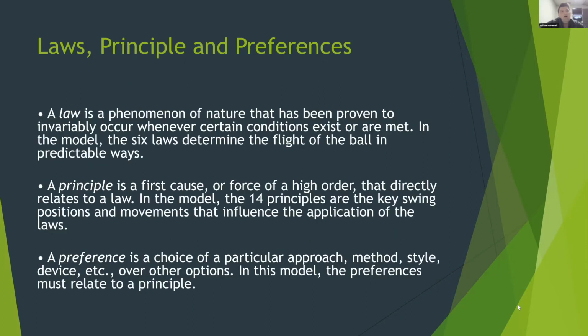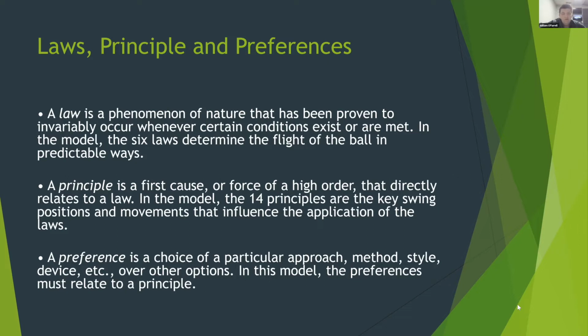A law is a phenomenon of nature that has been proven to invariably occur when certain conditions exist or are met. In the model, the 6 laws determine the flight of the ball in a predictable way. A principle is a first cause or force of a higher order that directly relates to a law.